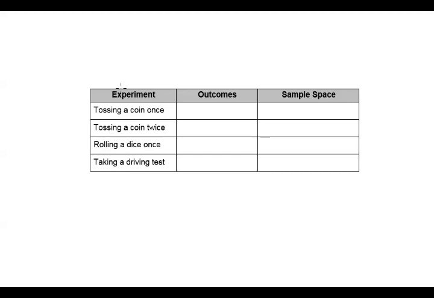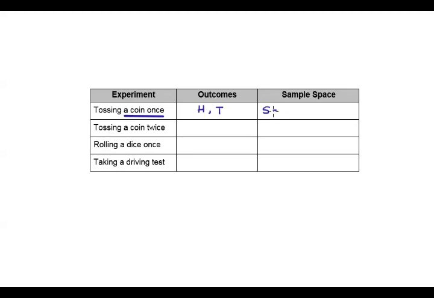Let's look at the following example. In the experiment of tossing a coin once, there are two possible outcomes, head or tail. We can write all the possible outcomes into sample space with set notation.